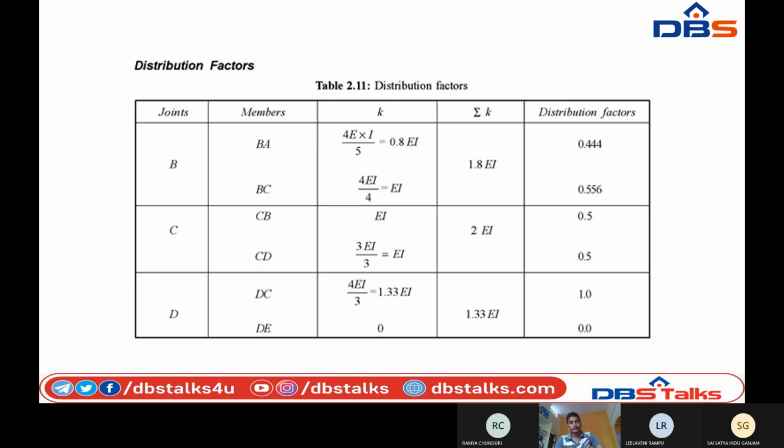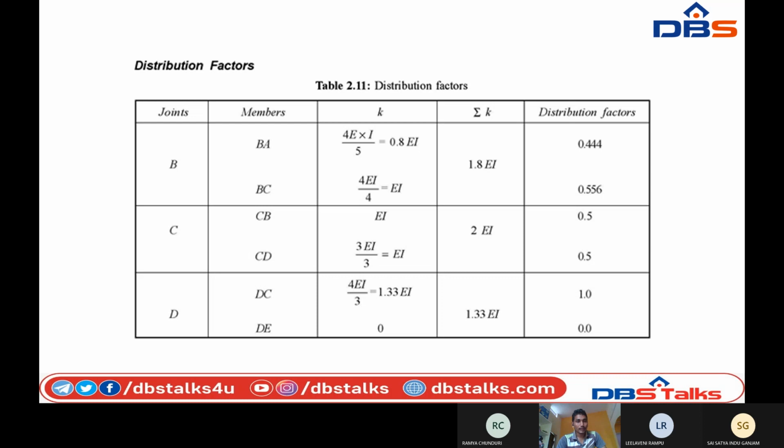Next step is distribution factors. The joints are B, C, and D. At B the members meeting are BA and BC, at C they are CB and CD, and at D they are DC and DE. Stiffness K equals 4EI by length: for BA, 4EI by 5 equals 0.8 EI.